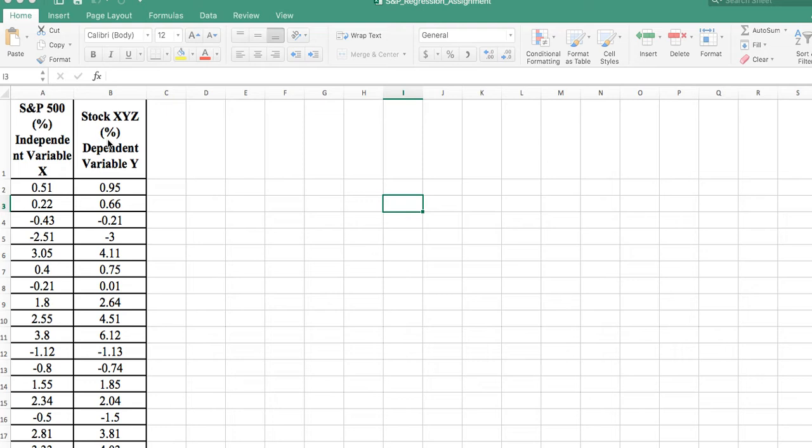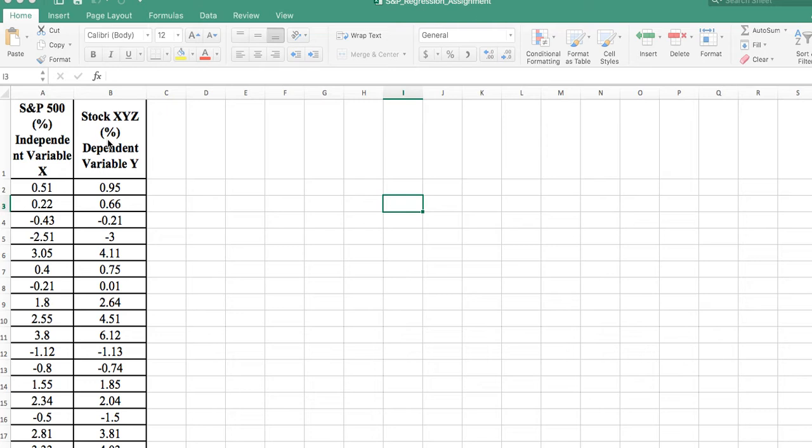So looking at the relationship, can I come up with a mathematical model that I can use to forecast the price of XYZ based upon the market? That's one of the reasons why we use regression analysis.